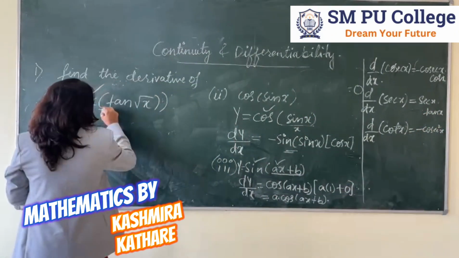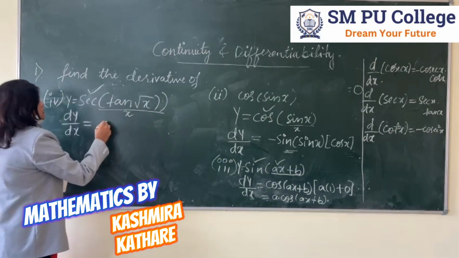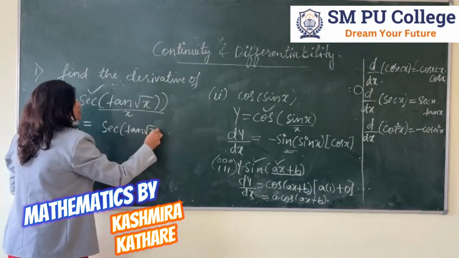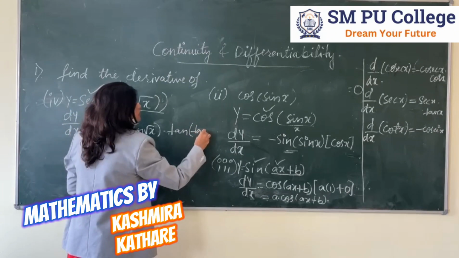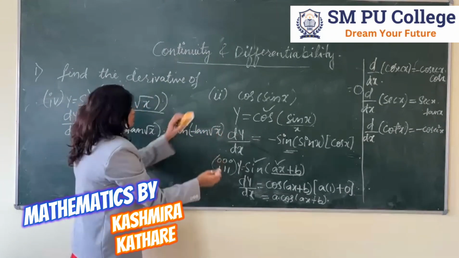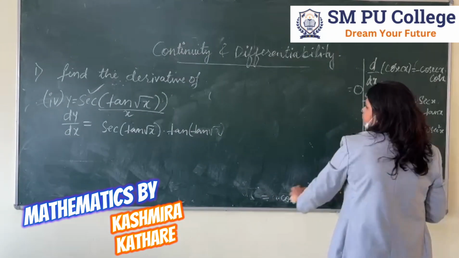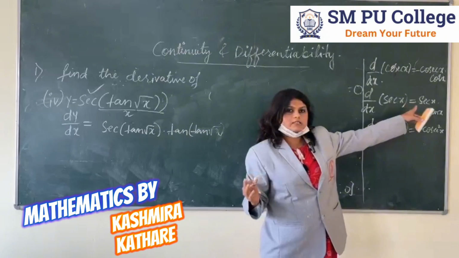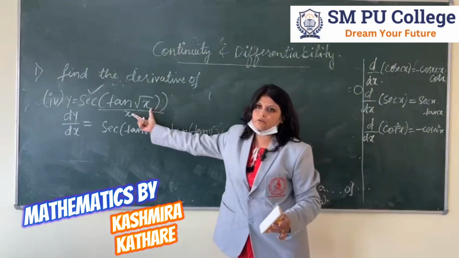Here x is the complete value for sec. So sec of tan root x, again into tan of root x. Sec x is sec x into tan x, and x itself is tan root x.